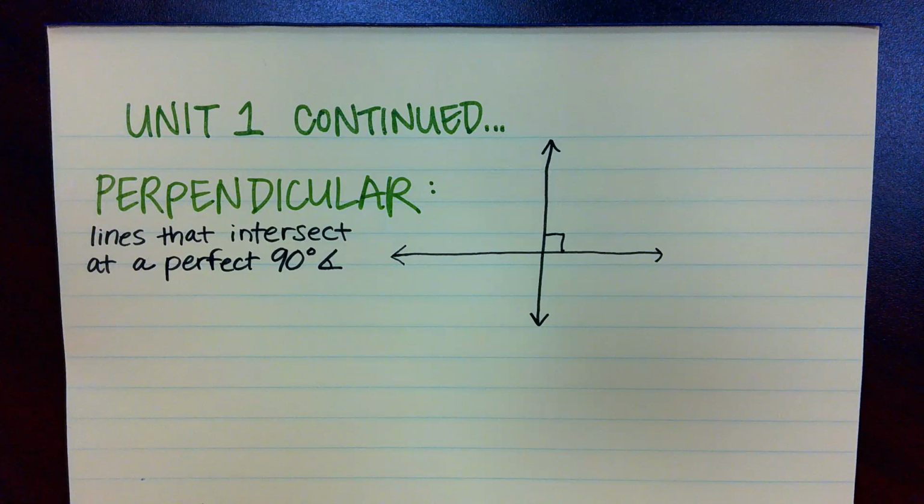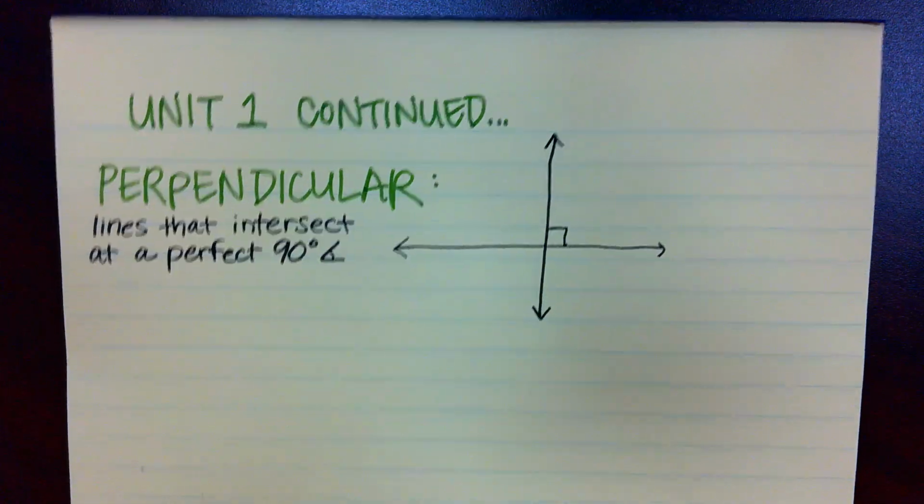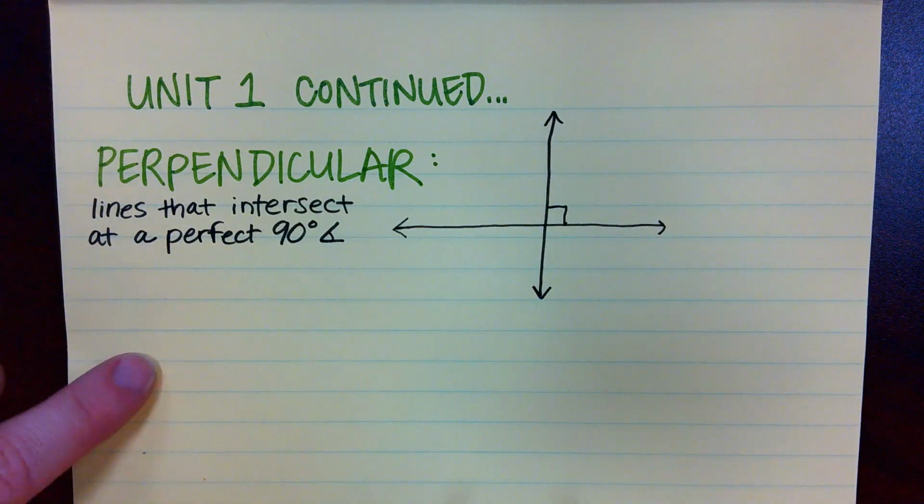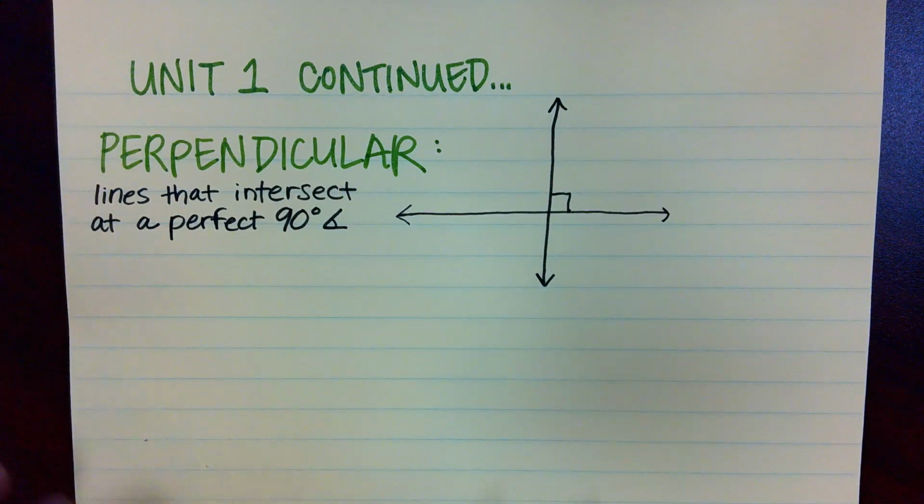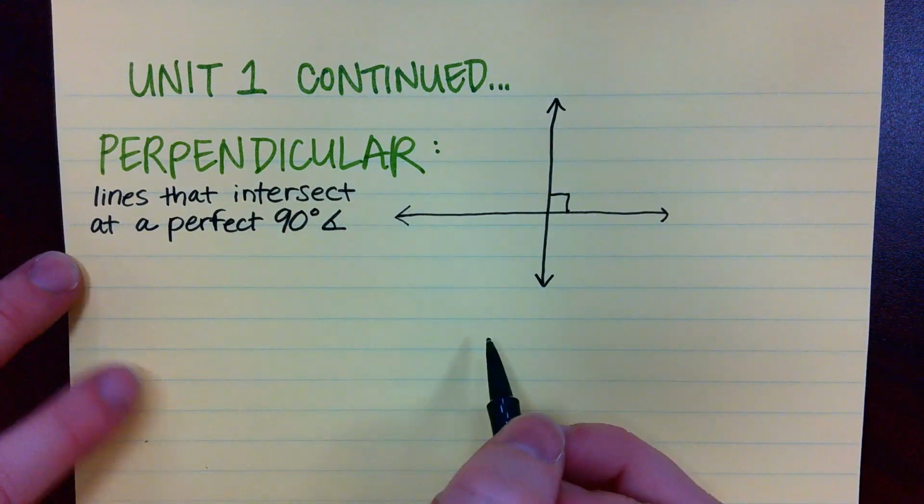So that's what perpendicular means. They've got to be straight 90 degrees. And you guys continue writing that, and I'm going to go ahead and get our next word up here, but I'll wait until you guys are ready.